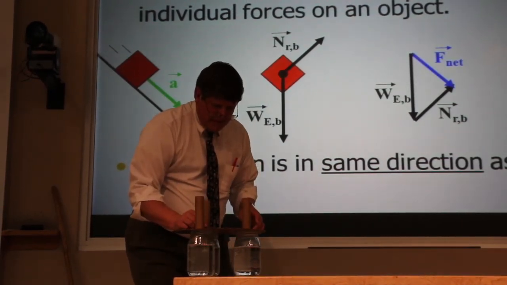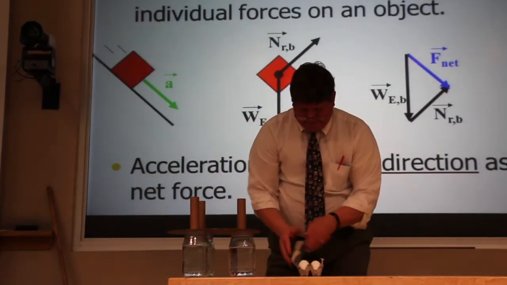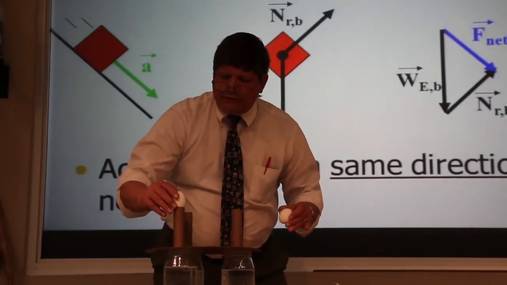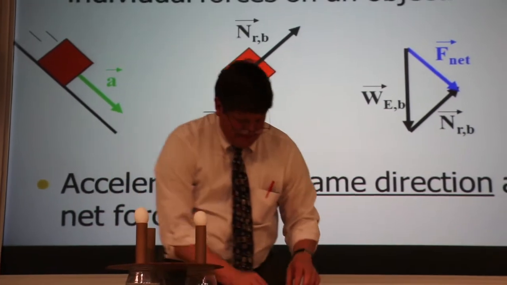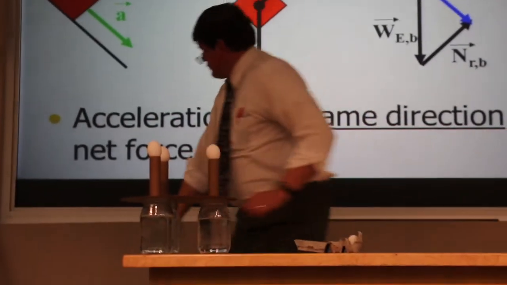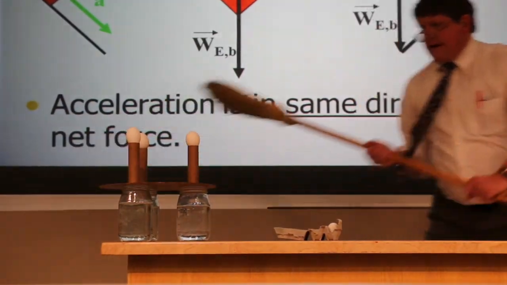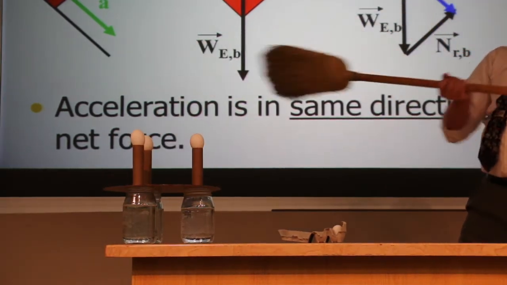And we've got some raw eggs. We're going to put the raw eggs on top of those tubes. And then what we're going to do is we're going to hit the masonite out from under the eggs. Are you ready?